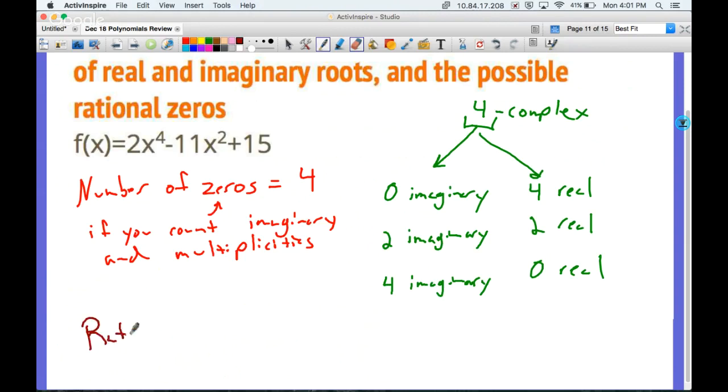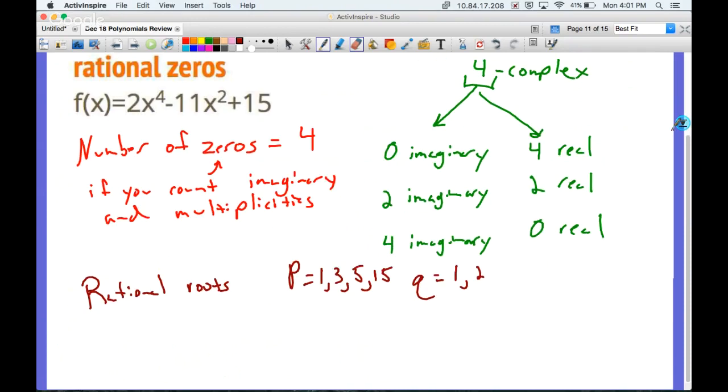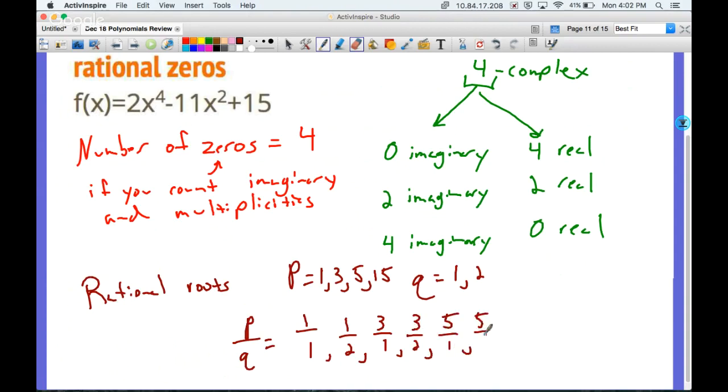All right, so for rational roots, we need to assemble our list of P and Q. P is going to be all the factors of that last number. For 15, that's 1, 3, 5, and 15. And for Q, that's just 1 and 2. Now I want to make all of the fractions possible with P over Q. And so I've got 1 over 1, 1 over 2, 3 over 1, 3 over 2, 5 over 1, 5 over 2, 15 over 1, and 15 over 2.